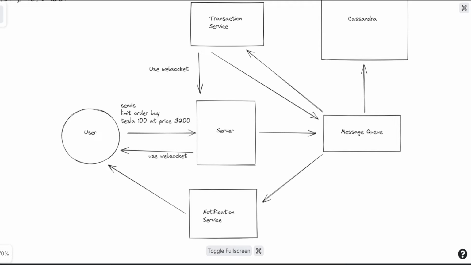The only downside is that, let's say you buy 200 shares of Tesla at a price of 200, and the order you see is still pending. As a user you might get impatient and think, I'm going to cancel this and change the limit order to 201 or 202 so I can get it filled.